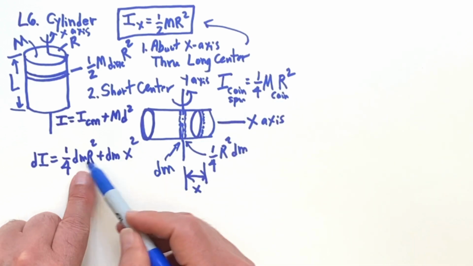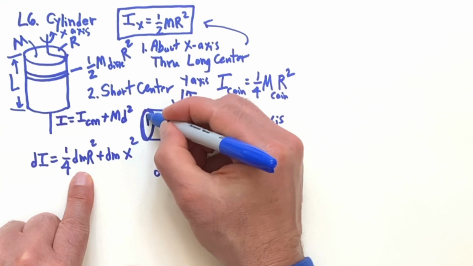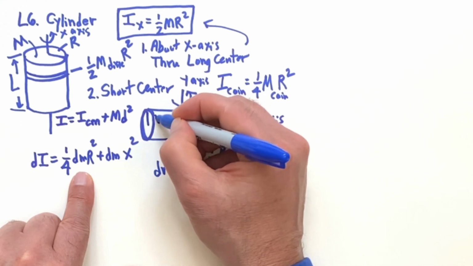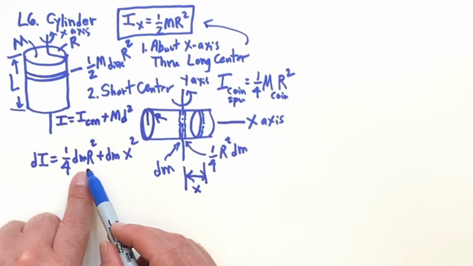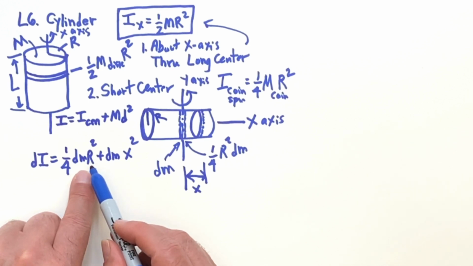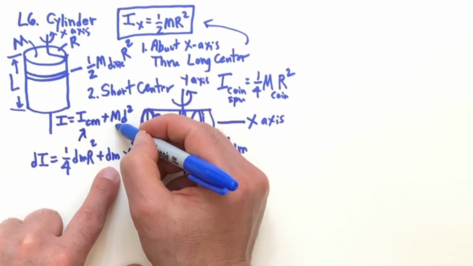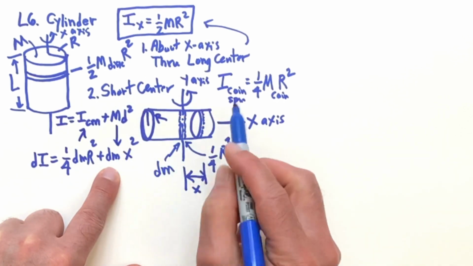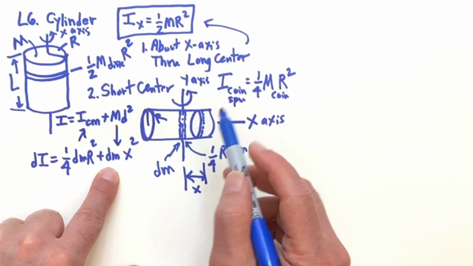Well, the mass of the coin is dm. R squared, R is the same. This R here is the same all the way through. So the 1/4 dm R squared is your center of mass part. And then your mass is your dm, and you're going to kick it a distance x down the road.